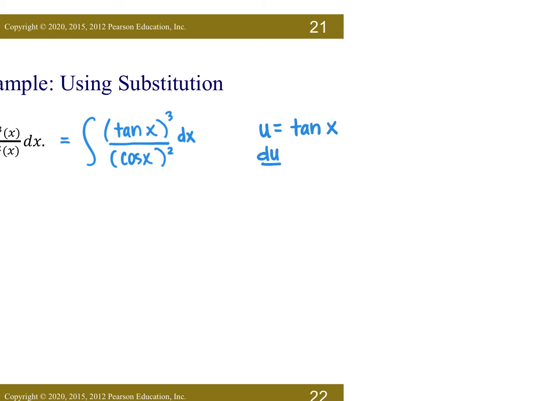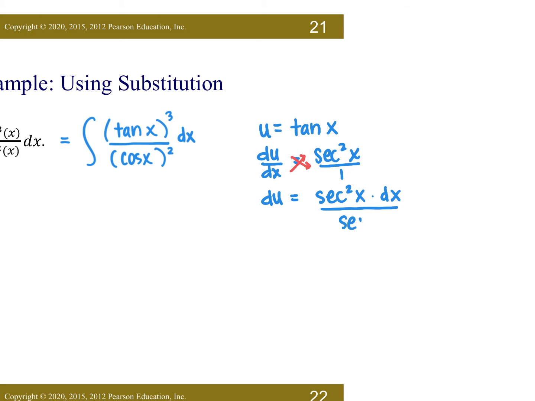So my du dx will be the derivative of tangent x, which is secant squared. We'll put a 1 under that so we can cross multiply. So that's going to give me du equals secant squared x times dx. And then I want to divide because I always want to go until I have dx by itself.